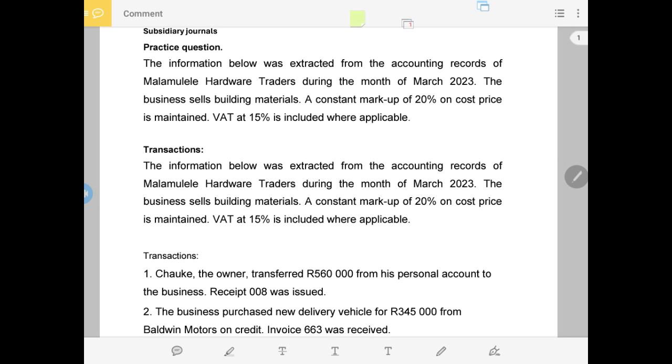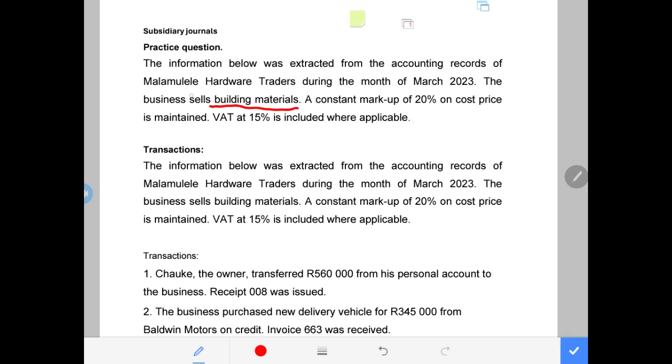I just would like to read the information provided before I continue. The information below was extracted from the accounting records of Malamulele Hardware Traders during the month of March 2023. And the business sells building materials.